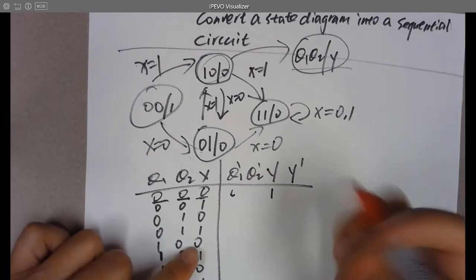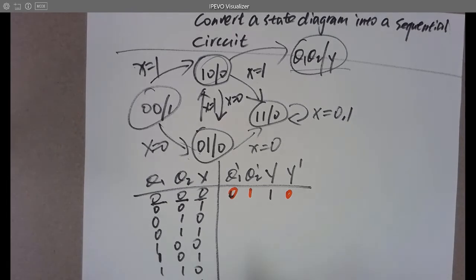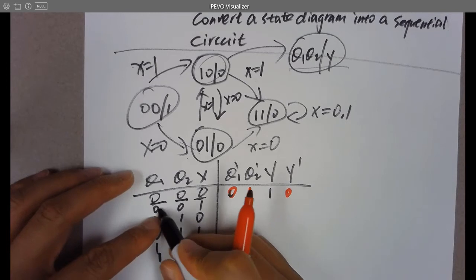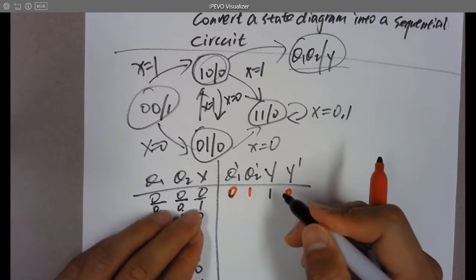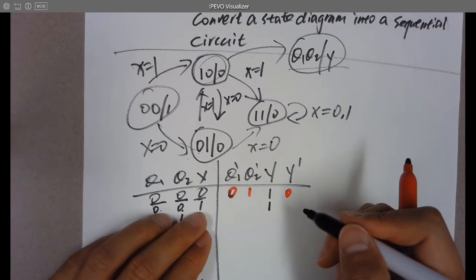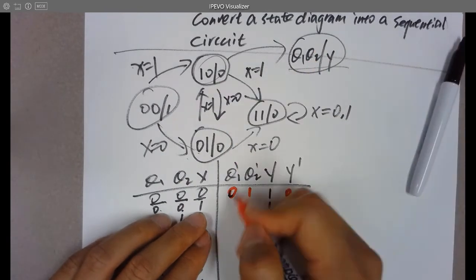Let's use a different color. 0,1,0. And now 0,0,1 will jump to, when x is 1, 1,0,0.